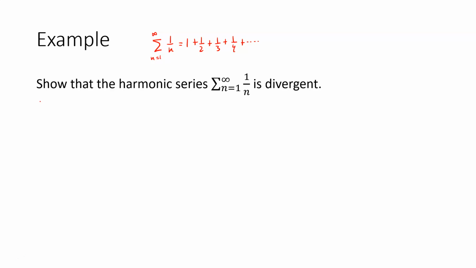So let's just look at partial sums of the form s_(2^n). And we'll see why we're looking at partial sums of this form in a moment, but it's going to have an easy way of determining how these simplify.